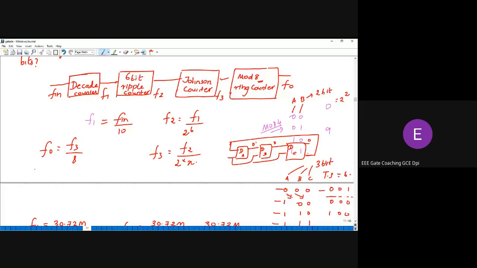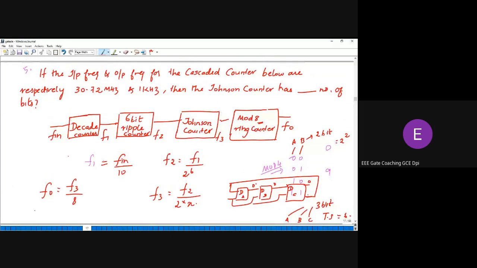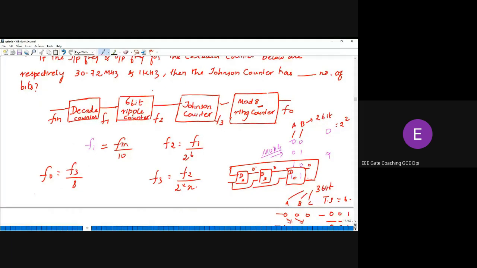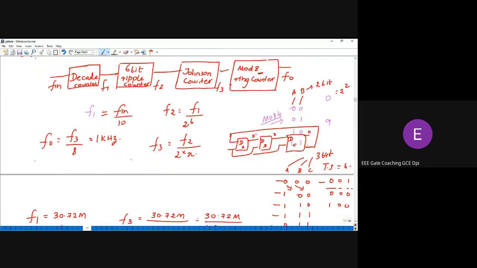Okay, so what they have given is the input frequency, 30.72 megahertz, and the output frequency is 1 kilohertz. Okay, so this is nothing but 1 kilohertz, right? So what is F3 now?